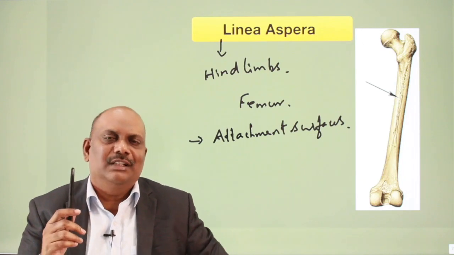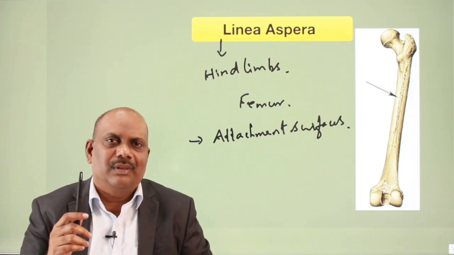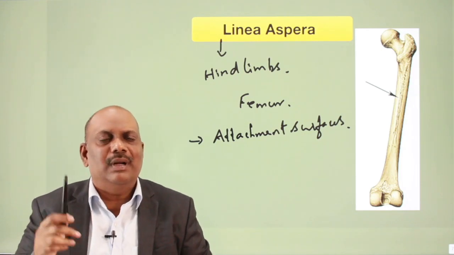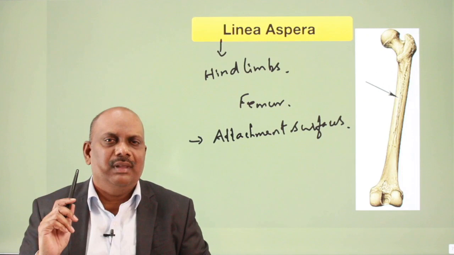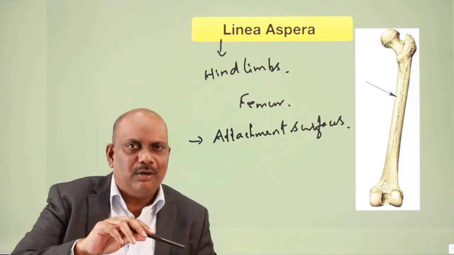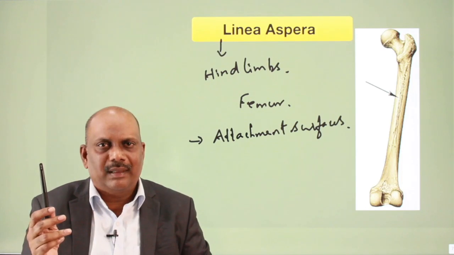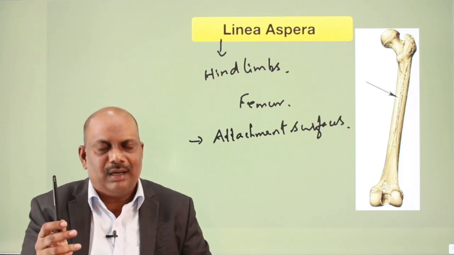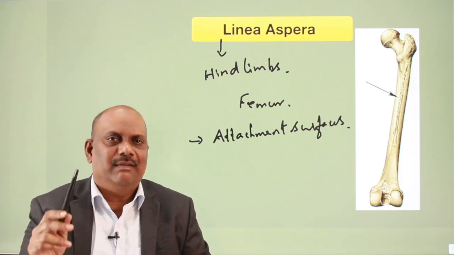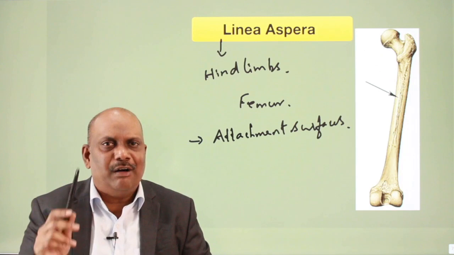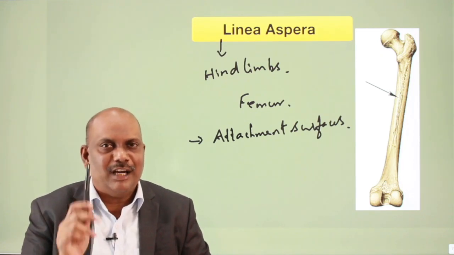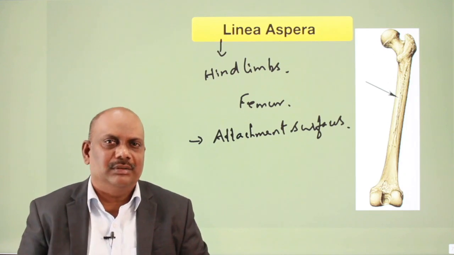We have too many muscles in the abdomen and the thigh region. For these muscles to get attached to the femur bone, there is a need for more attachment areas. So in the course of evolution, from quadrupedal to bipedal, new muscles developed, and for these muscles to get attached, the linea aspera developed. So the presence of linea aspera in the femur bone again indicates an erect posture and bipedal locomotion.